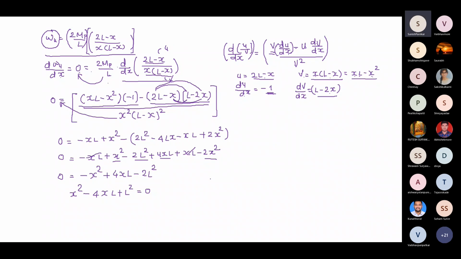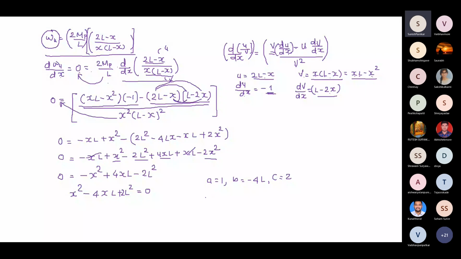We will get a equal to 1, b equal to minus 4l, and c equal to 2l square.